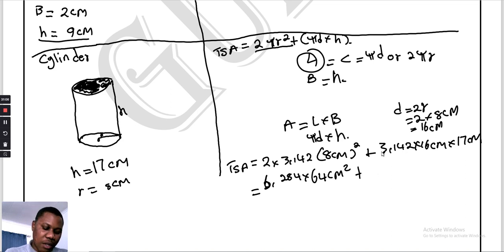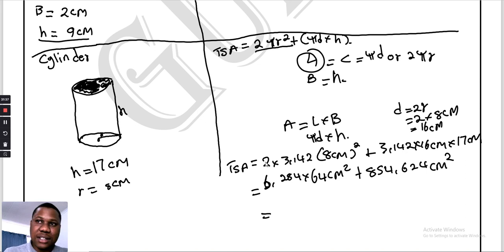3,142 multiplied by 16 multiplied by 17. That is equal to 854,624 centimeters squared. Then we're gonna have 6,284 multiplied by 64.